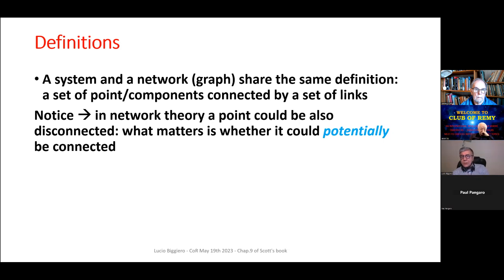And so this is something that is different. For example, in network analysis, networks can be defined and studied even if not all points are connected at all times under study, in the moment that I'm studying that.